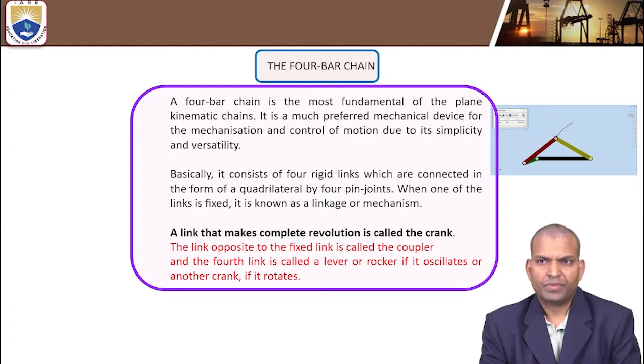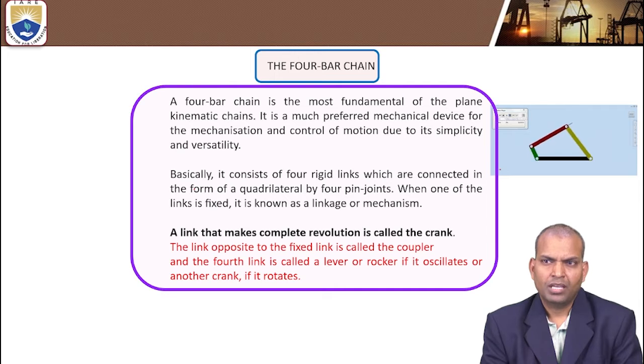Here the 4 bars, or 4 kinematic links, or 4 elements, are connected one to another as a complete closed loop. Then, based on the geometry, this 4-bar mechanism can be used for transmitting motions.